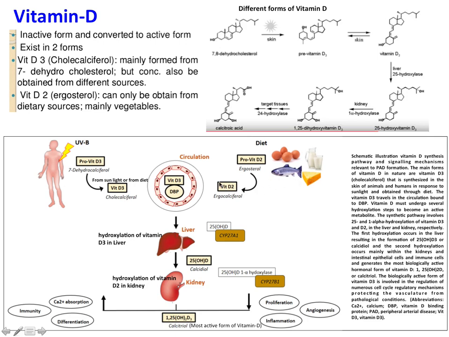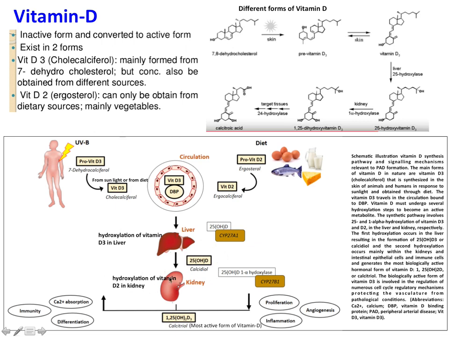So once we take the provitamins through sunlight or through the diet, it comes into the blood circulatory system, and in the circulatory system, vitamin D3 binds with a vitamin D binding protein and comes into the liver. In the liver, the hydroxylation of vitamin D3 takes place and it is converted into calcidiol.